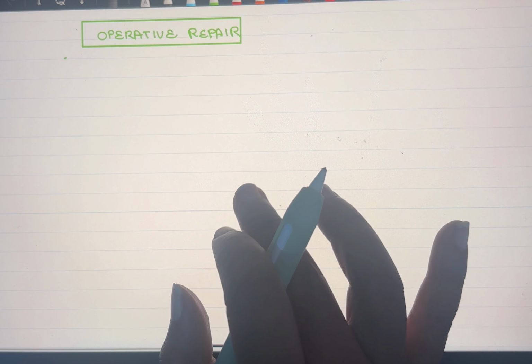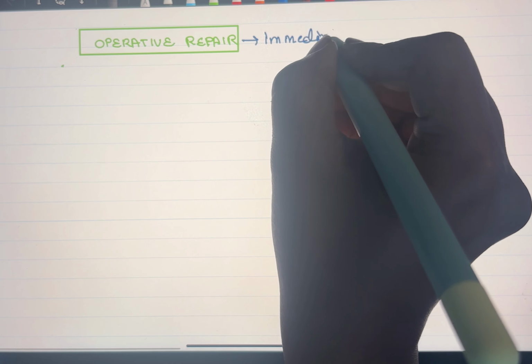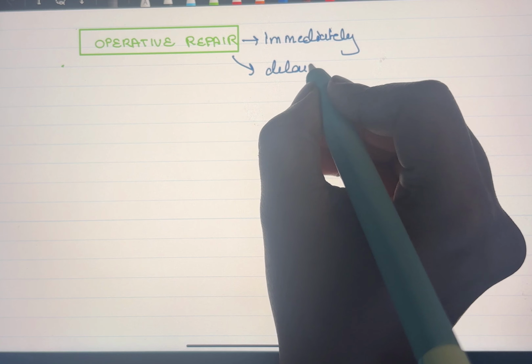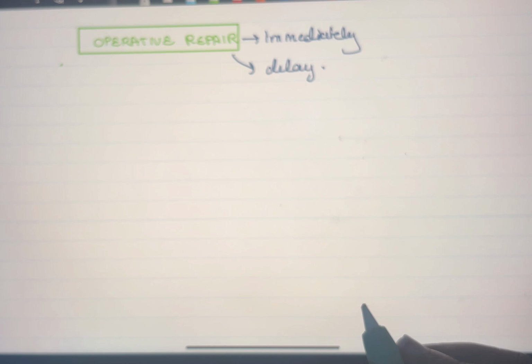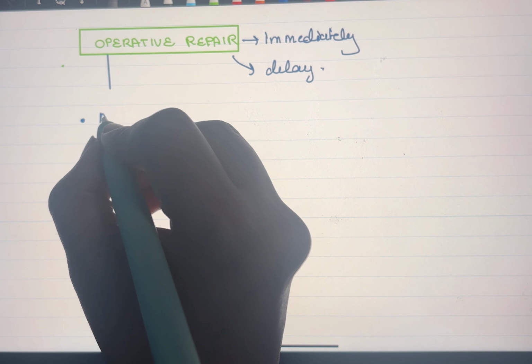Either we can treat the patient immediately, or we can treat the patient after some time, that is delayed treatment. Most commonly preferred option is abdominal approach. We generally do the abdominal approach.